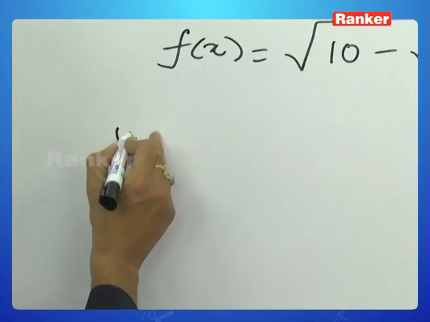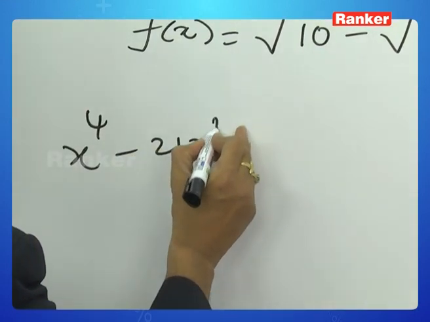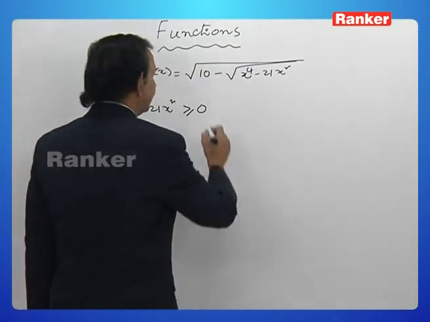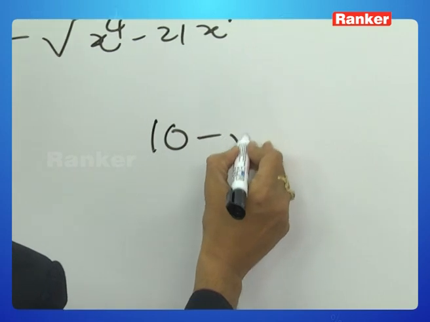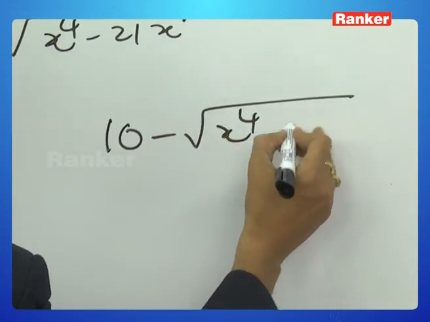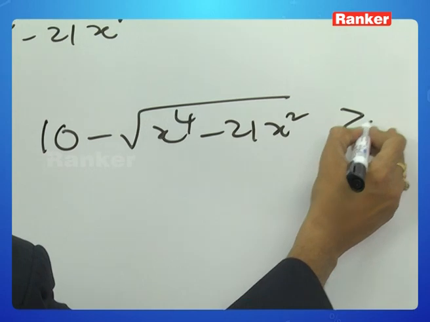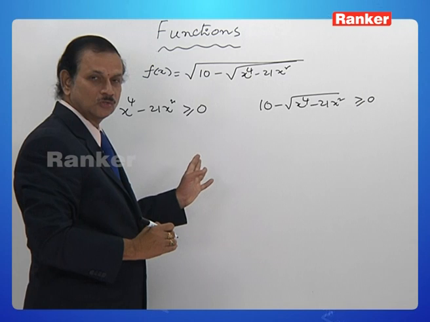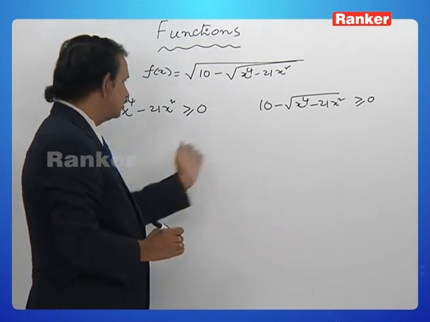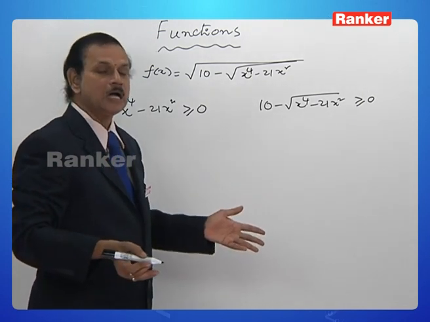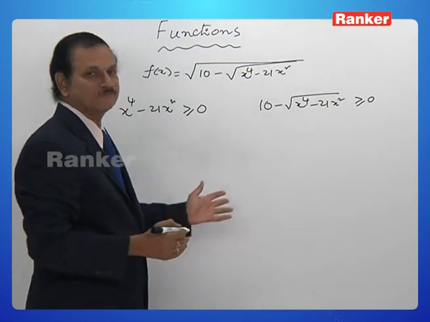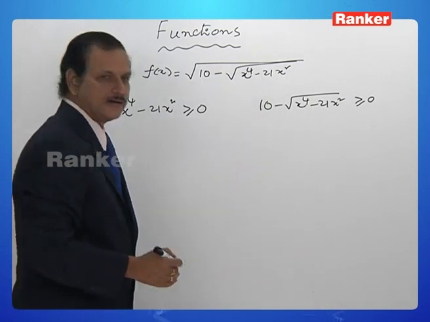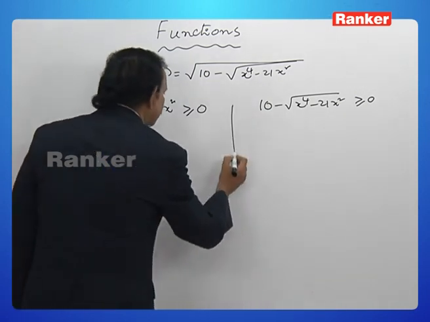Therefore, we must have x power 4 minus 21 x square greater than or equal to 0. Again, here 10 minus root of x power 4 minus 21 x square is greater than or equal to 0. You have to study both these two, the domain of x for which both these two conditions are valid, and find the intersection of those two regions in which these two inequalities hold good.